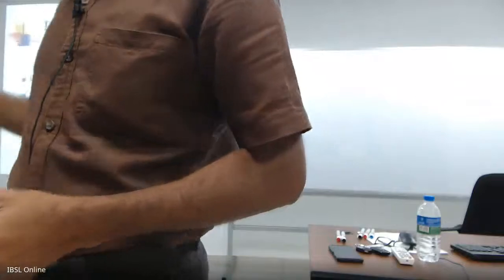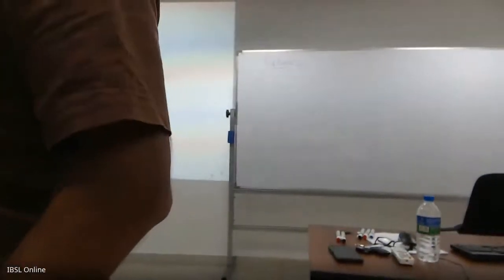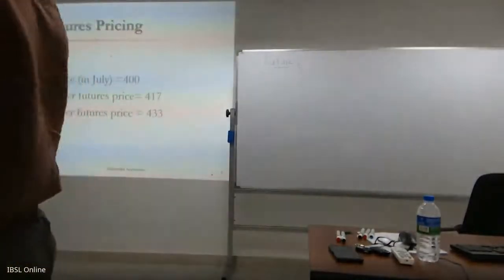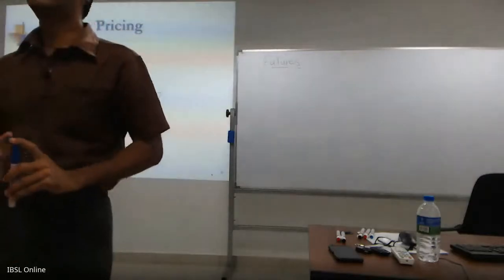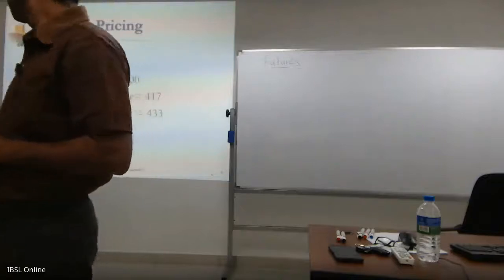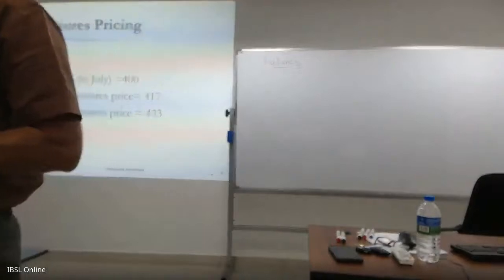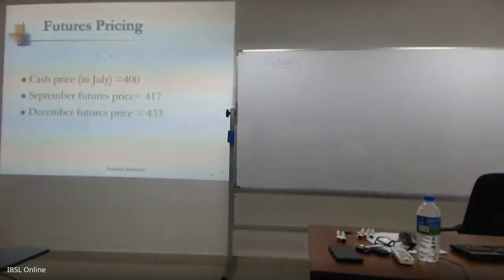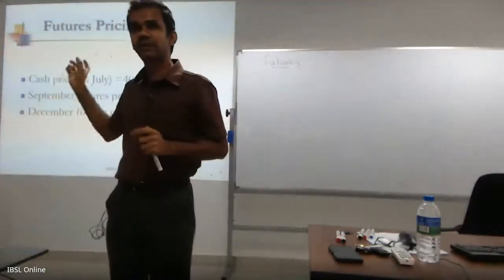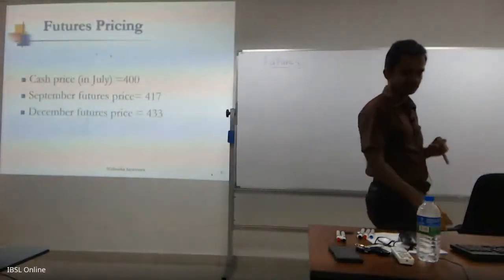Futures price does not reflect what we can expect from the underlying. We cannot expect the price in September will be higher than the price in August or July, or the price in December will be higher than the price now. That is not the case. The difference is whatever the benefits and cost adjustment that we get.